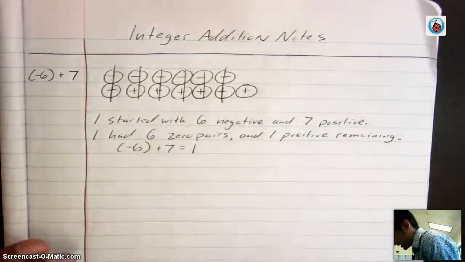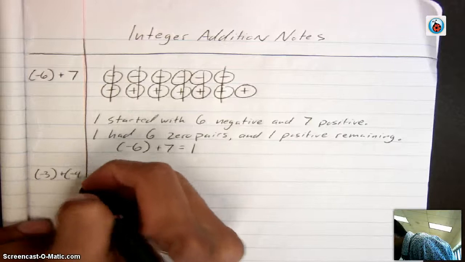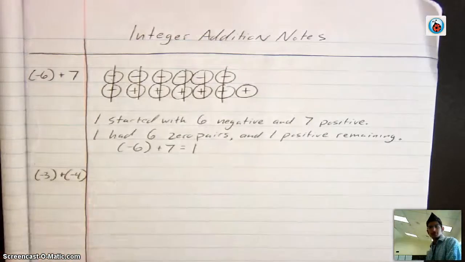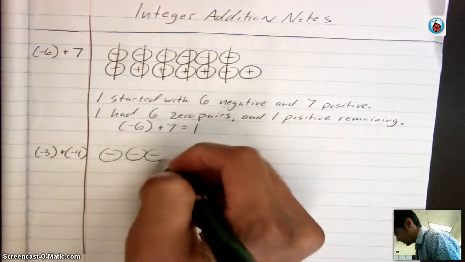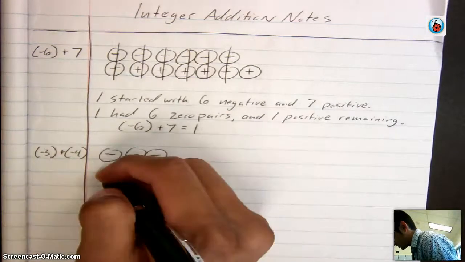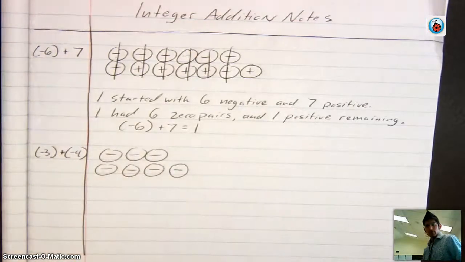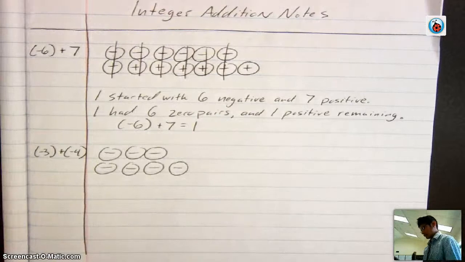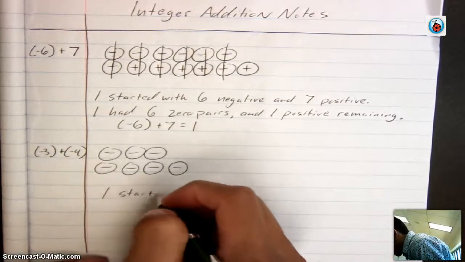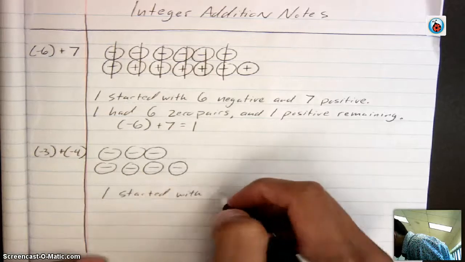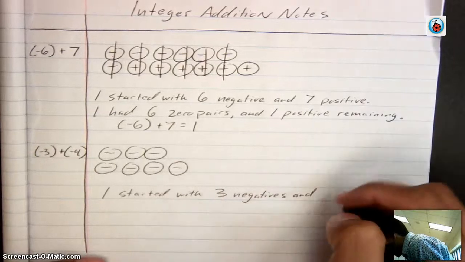We're going to do an example next of a negative plus a negative. So we're going to do -3 plus -4. Again, I'm going to draw this out all the same. So here's -3 plus, I'm going to draw 4 more negatives. So -4: 1, 2, 3, 4. And here, again, we're going to look for zero pairs. Do we have any negatives and positives? No, we do not. So I'm just going to write: I started with 3 negatives and 4 negatives.